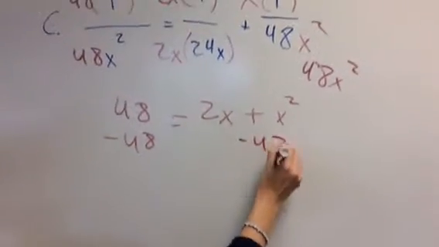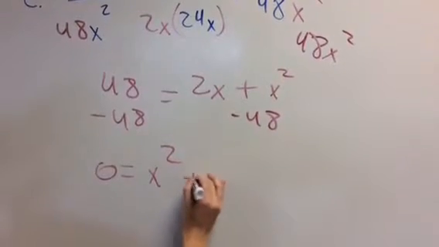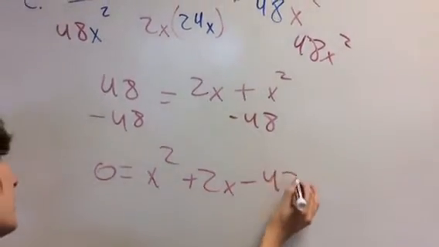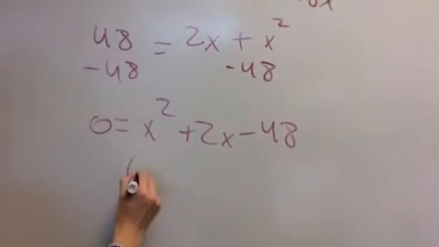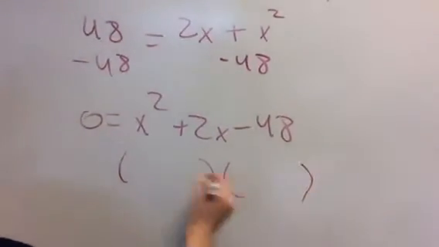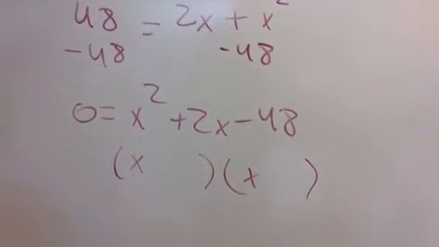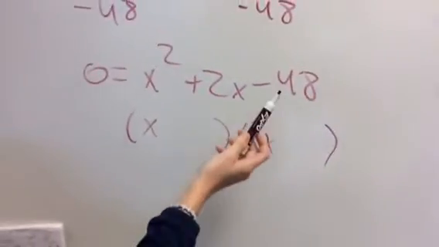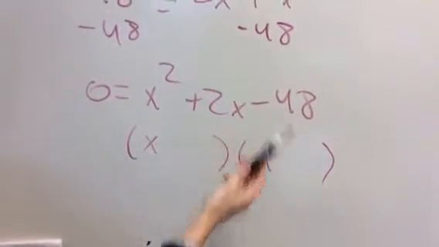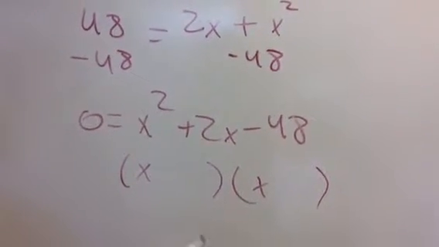from both sides, and then you get a quadratic that you can factor. You need something that adds to 2 and multiplies to negative 48, and that would be negative 6 and 8.